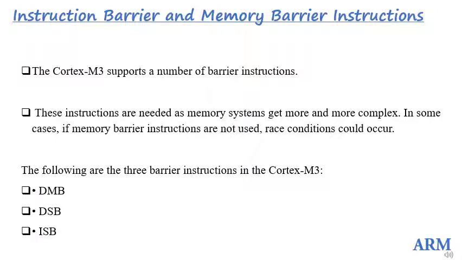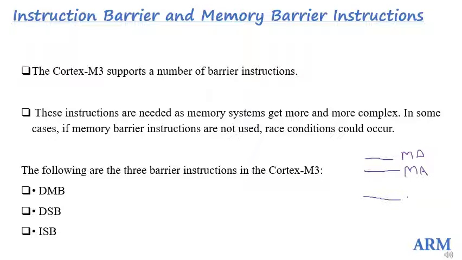So to understand this race condition, assume that there is a program wherein the first two instructions are memory access instructions, and you are trying to access or store some data into some memory location, and the third instruction requires that the previous two instructions be complete.